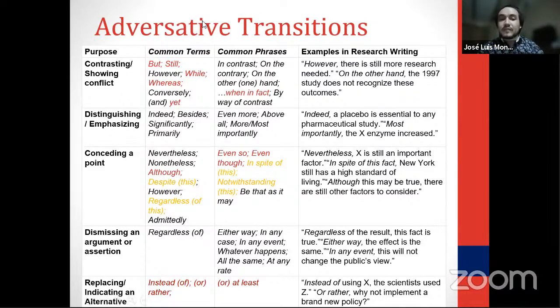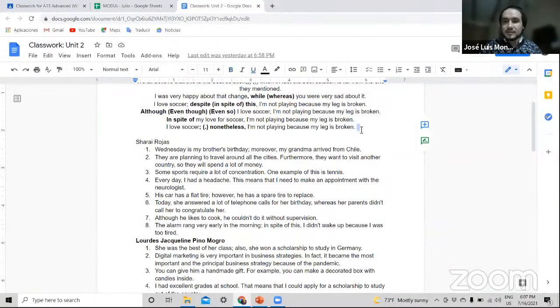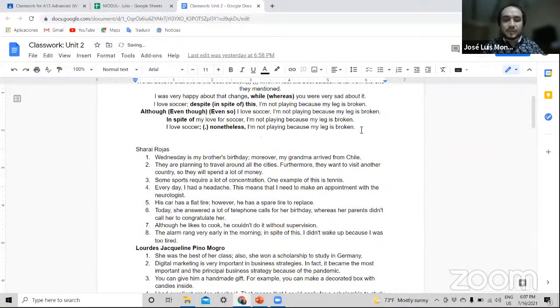If you work with instead of or or rather, I'm going to write two examples just to exemplify. I think that instead of is clear, but I'm going to write a very simple example over here. So you can say, instead of going to the party, comma, we should stay home.